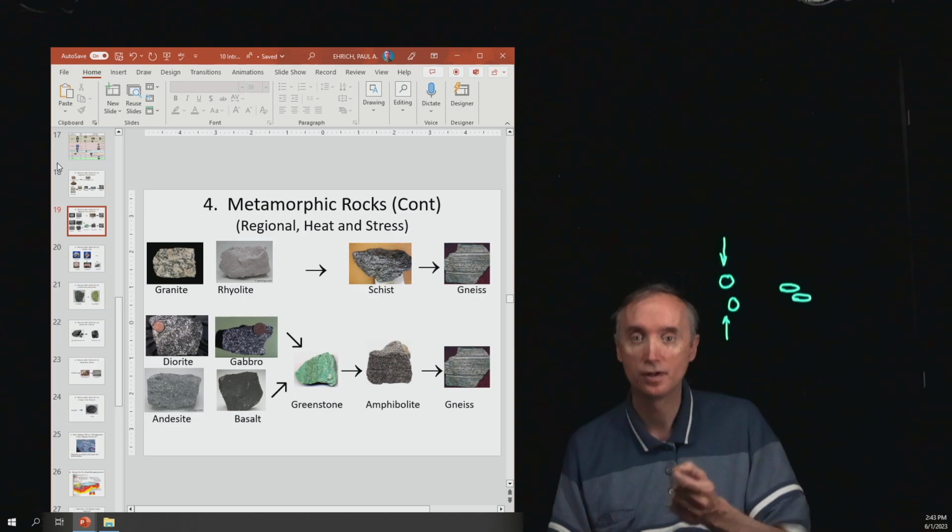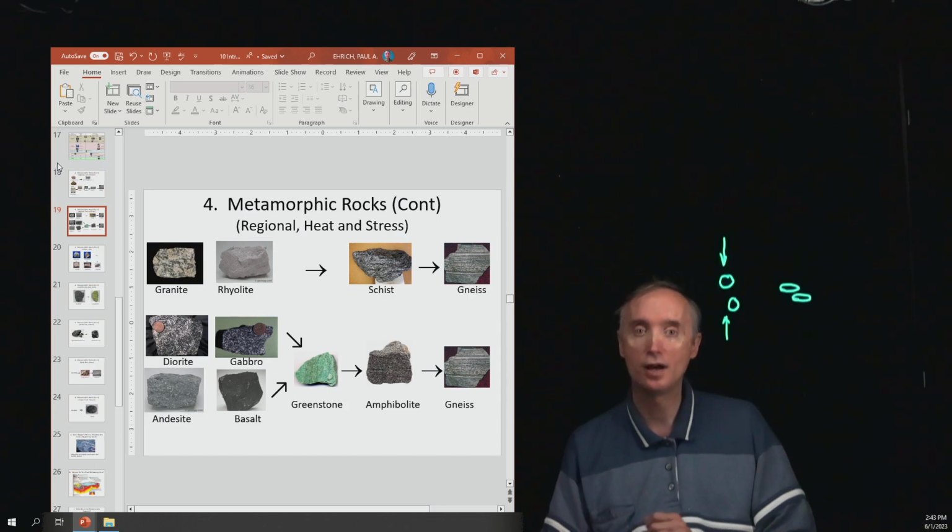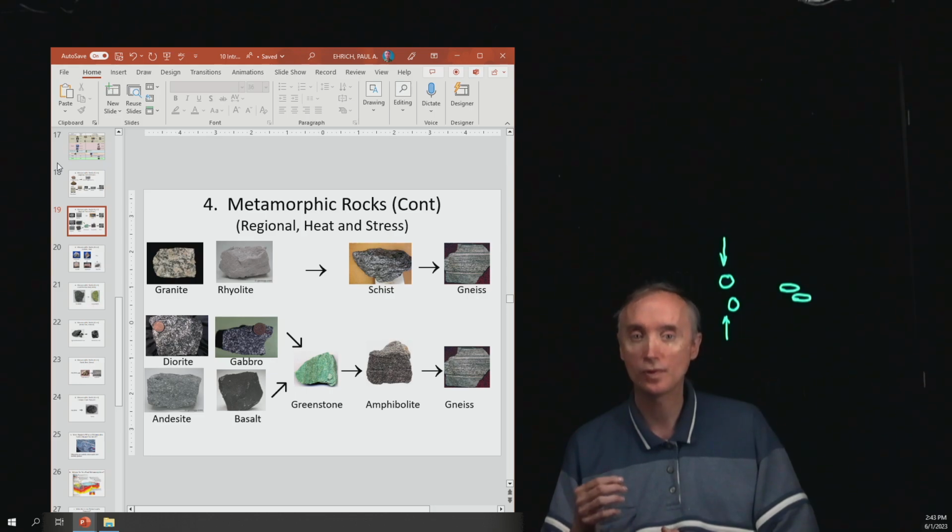Well, they first are going to turn into greenstone and then amphibolite and then gneiss. So I would not worry about the greenstone and the amphibolite. Amphibolite has amphibole inside of it, for example. But you should notice that the end product of extreme metamorphism, regional metamorphism, is going to be gneiss.